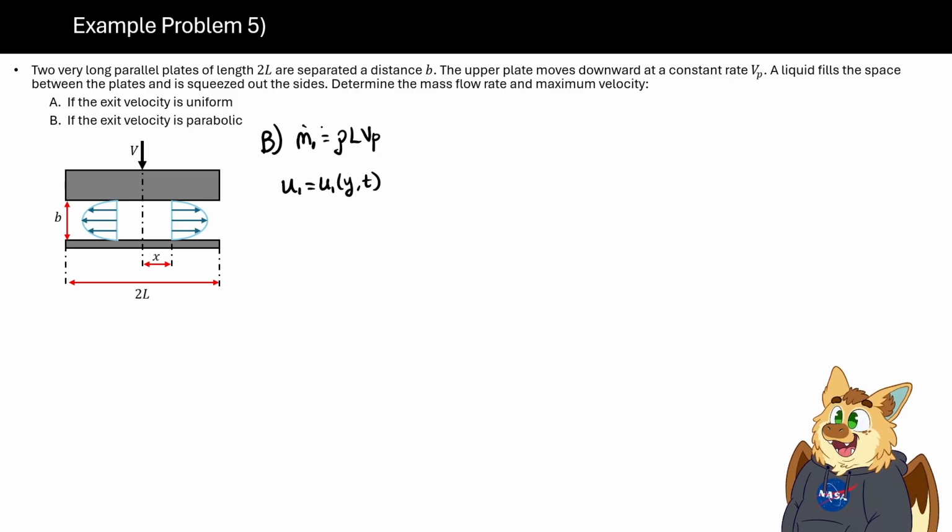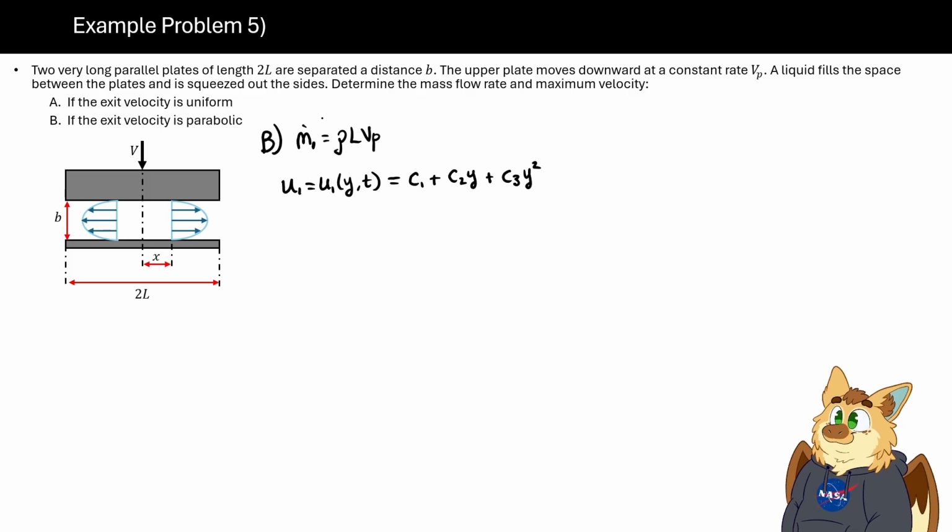Now, the general form of a parabolic velocity profile is something like this: C1 plus C2 times y plus C3 times y squared. So now our goal is to find out what these constants are based on our domain of interest and determine what the velocity profile is.